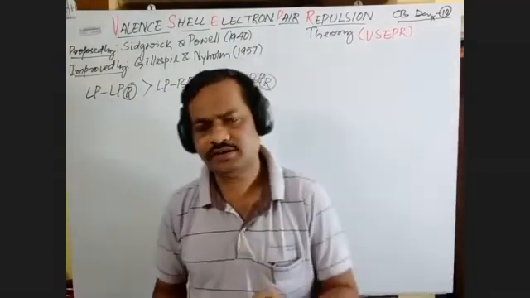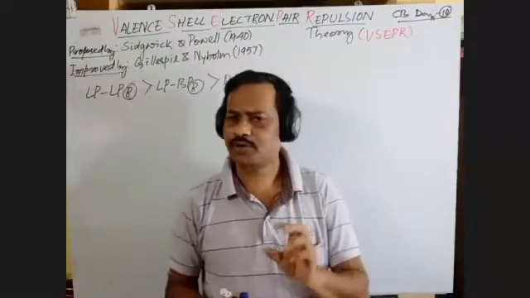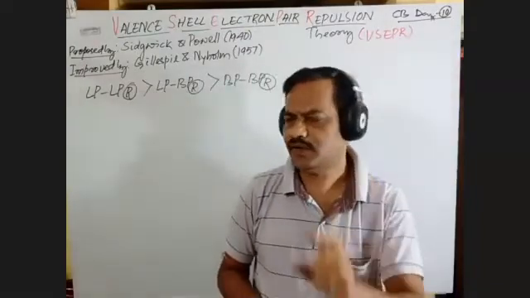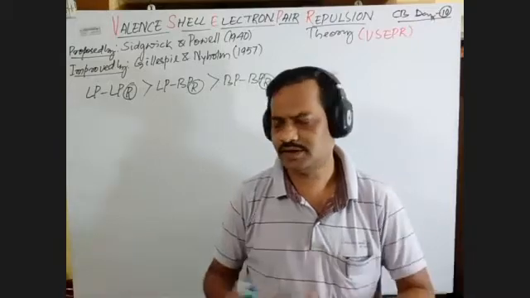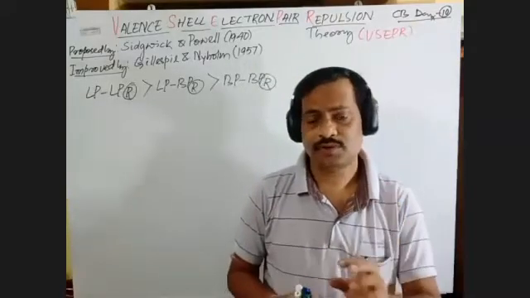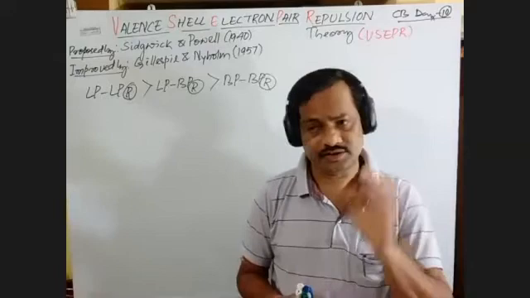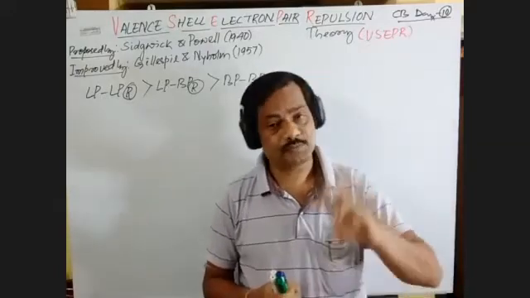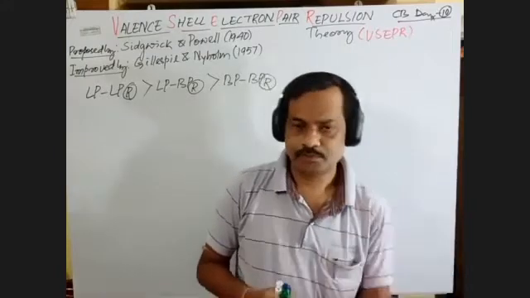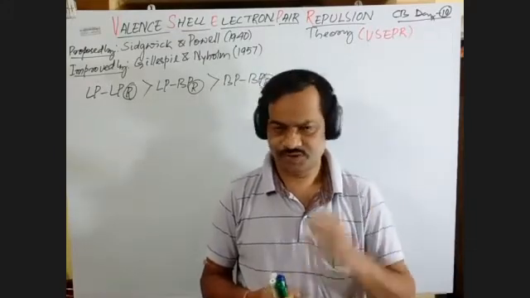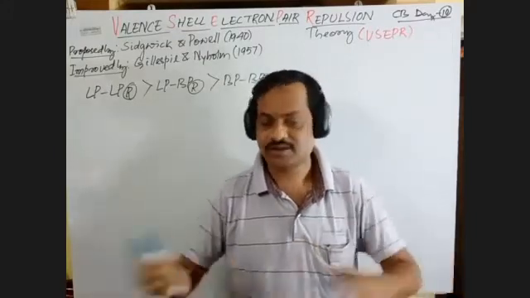According to this theory, a lone pair of electrons is attracted only towards the central nucleus, whereas a bonded pair of electrons is attracted by the central nucleus as well as the surrounding nucleus.